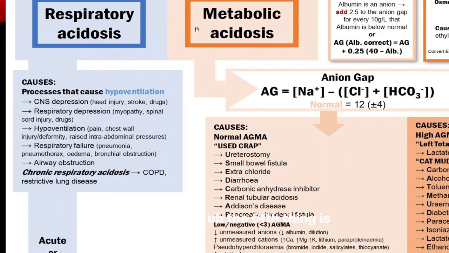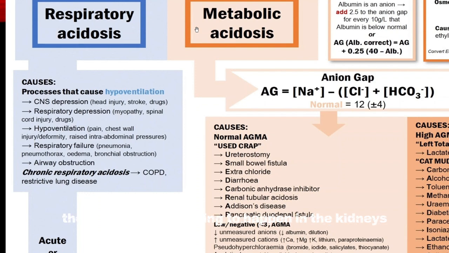Then the fifth thing is, these are the nitty-gritty that you do under each parameter or under each disturbance. The last thing that is important is identifying the secondary process, which is number 4. The secondary process is just a compensatory mechanism. For example, if there is respiratory acidosis, it means that this patient has got too much acid, carbon dioxide, in the blood.